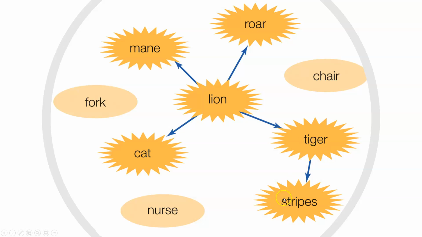So tigers have stripes, and that would be activated even though lions don't have stripes. So you might hear the word lion and have activated the word stripes, even though there's no reason why lion should be related to stripes. This is called mediated semantic priming, because this priming is mediated by an intermediate word.